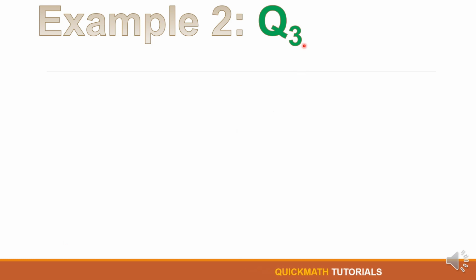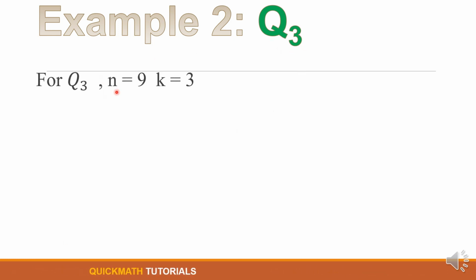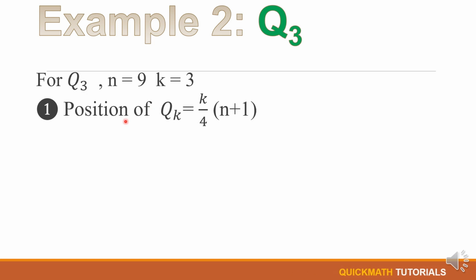Now, let's solve for our q sub 3. Our n is equal to 9 and our k is equal to 3. Using the formula for the position of quartile, we will substitute the value of n and k.